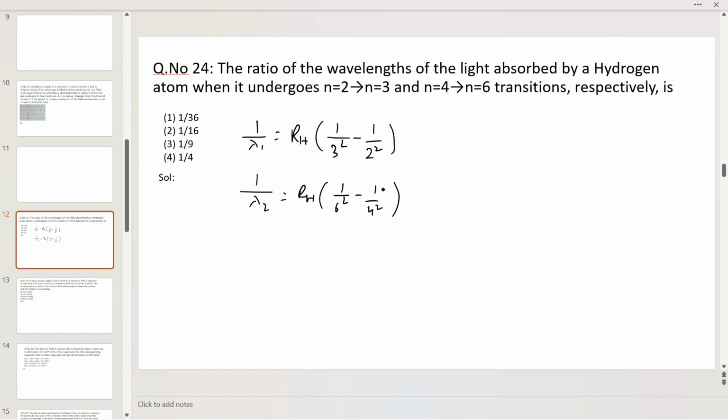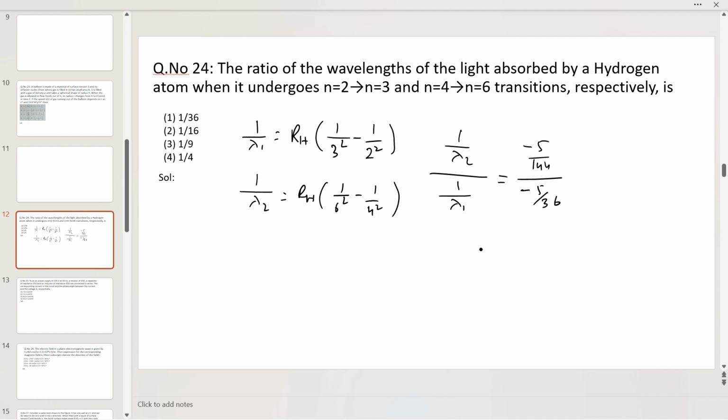Now if you calculate this, 1 by lambda 1 you get this, and 1 by lambda 2, if you solve this, you are going to get 5 by 144 and 5 by 36.